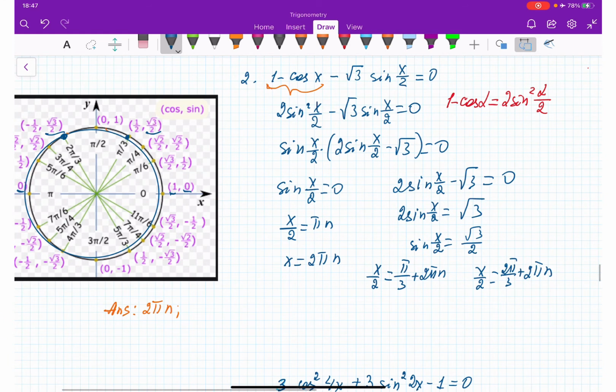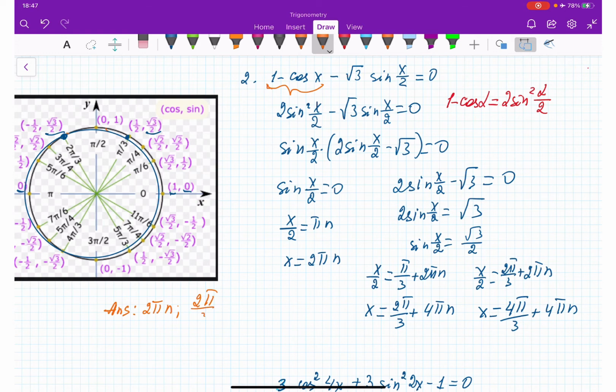And from here, x is equal to 2 pi over 3 plus 4 pi n, and x is equal to 4 pi over 3 plus 4 pi n. So the answer is going to be both x's, which is 2 pi over 3 plus 4 pi n, and 4 pi over 3 plus 4 pi n.